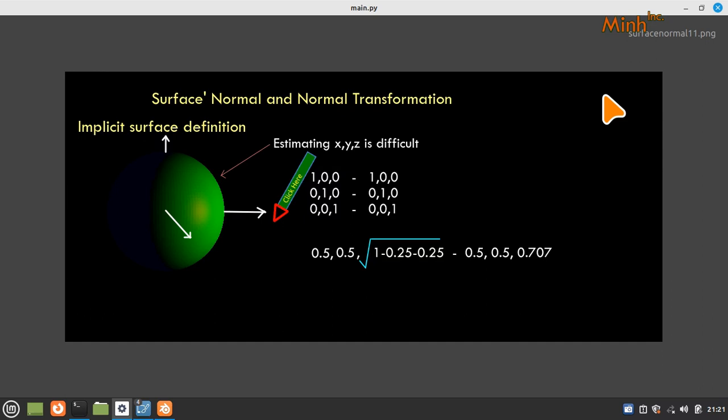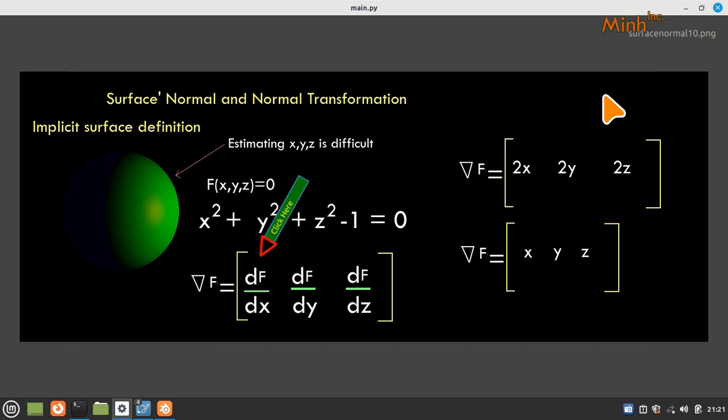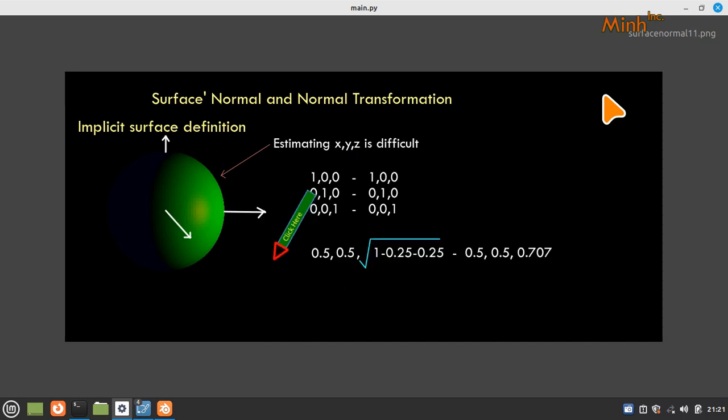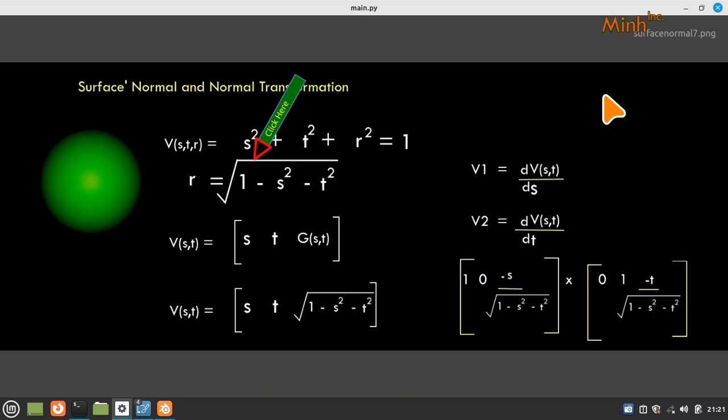Okay, there are two ways. One way we calculate the gradient in direction of x, y, and z, and calculating the points is difficult. But here in explicit, we just say s and t and g(s,t), and then we calculate v1 and v2.